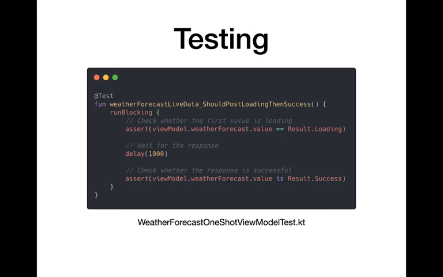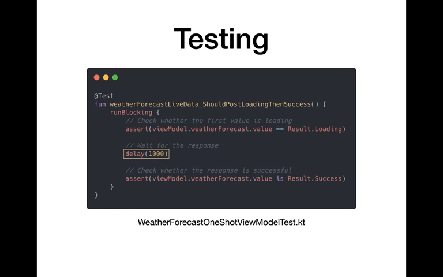First, we are going to use runBlocking again because we're going to call the suspend function from the repository. We're going to use runBlocking here, and first we are going to assert that the first value of the LiveData is loading, and then we will wait for 1 second since we are delaying 1 second in the repository.